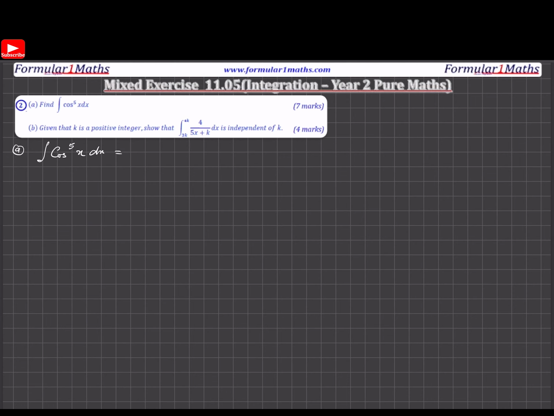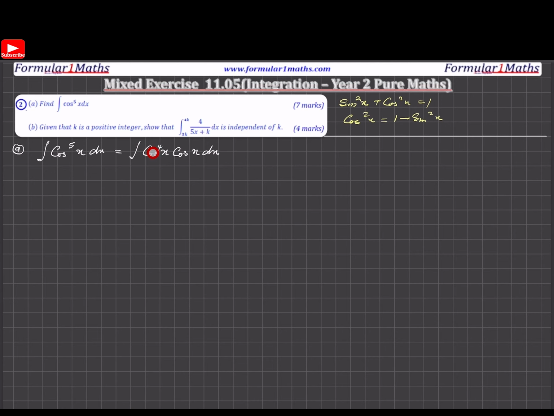So I can rewrite it as the integral of cos x to the power 4 times cos x dx. Now we know this from year 1 maths that sin squared x plus cos squared x is equal to 1. It means that cos squared x is equal to 1 minus sin squared x. So I'm going to substitute 1 minus sin squared x in here.